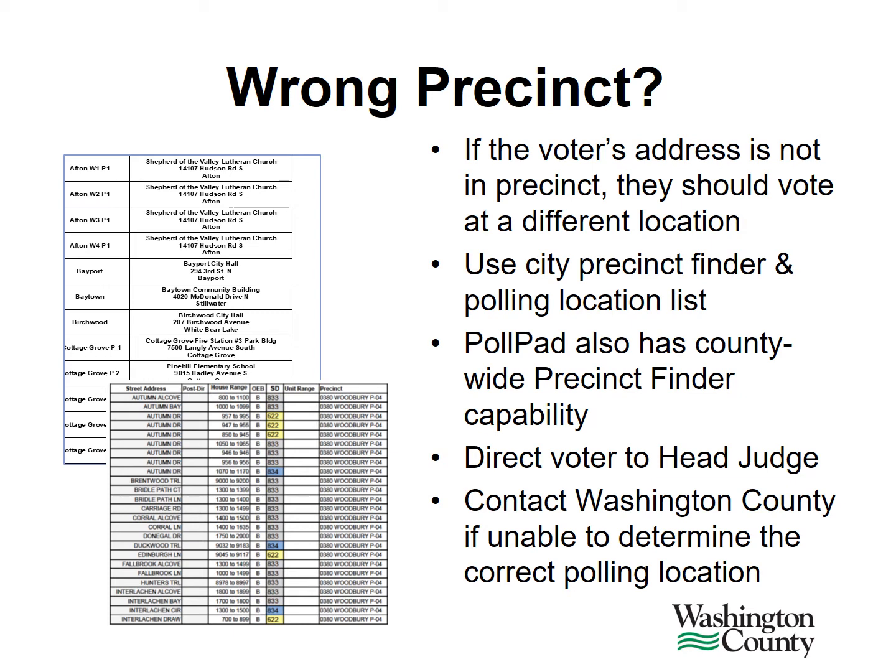The poll pad also has a county-wide precinct finder on it, and so you could direct them to an available poll pad judge. If the voter has further questions about where to vote, you could also direct them to the head judge. And finally, you can always have the voter contact Washington County if you're unable to determine the correct polling location for that voter.